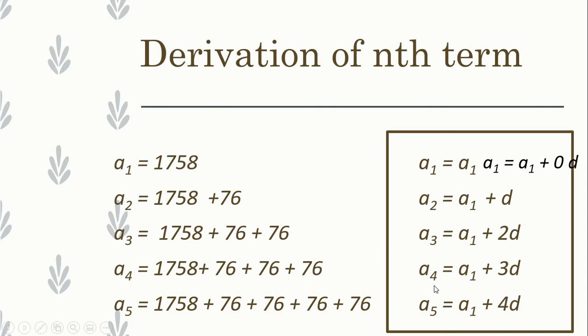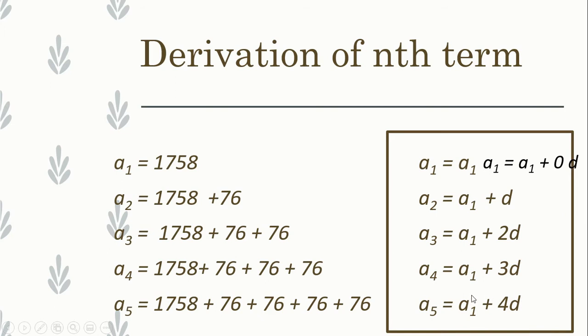Let's proceed to the fourth term. In this equation, the value of n is 4. How about the coefficient of the common difference? That's 3. Good. How about in this equation?